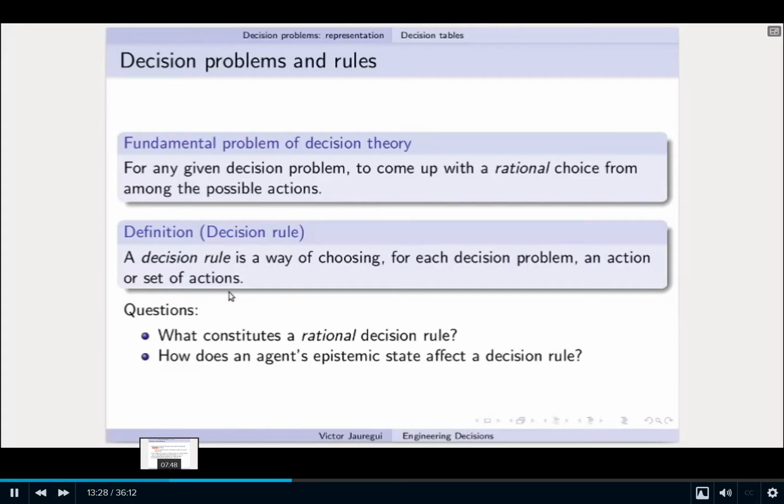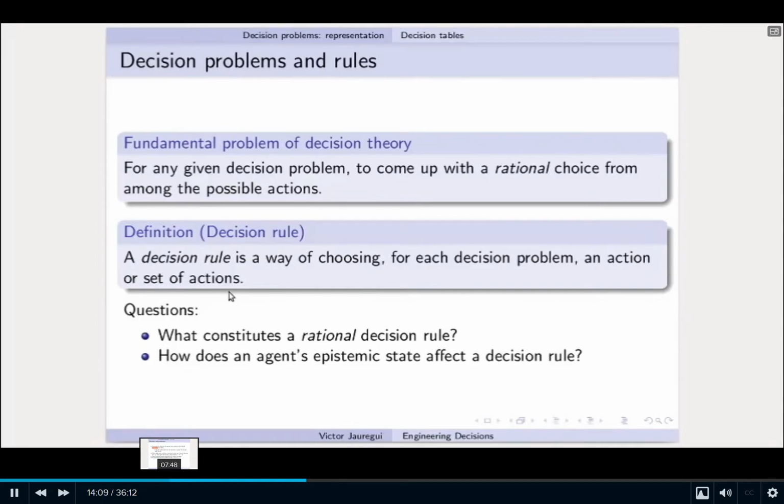So the next thing we want to add is the idea of using the structure of the problem, based on the elements and the decision tree or decision table, together with the subjective elements: the preferences, which translate into values, and the beliefs, which translate into likelihoods of states. Now we want to put all of those together and decide which action we should choose, in other words, which strategy or choice is the best.